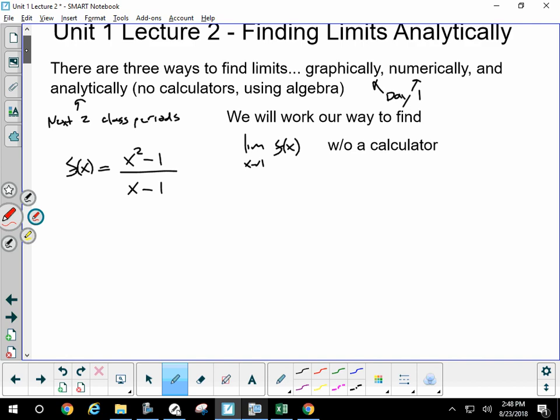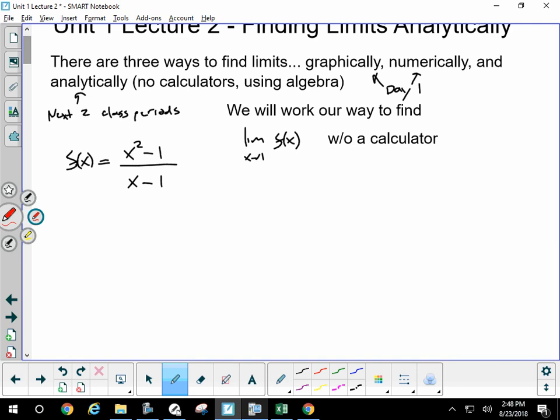So let's go back up to this guy and see if we can do the same thing. Let's plug in 1. And I get 1 squared minus 1 over 1 minus 1. Ugh. I've got a problem. We have 0 over 0, which is undefined.